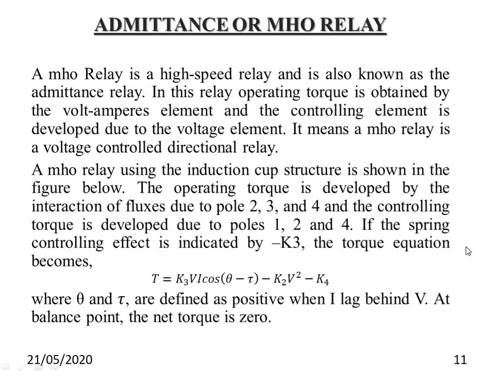Now in the Mho relay you can see Vi cos of theta minus tau and V square. Where I is present, as in Vi cos of theta minus tau, definitely this will produce the operating torque, and the K2 V square will produce the restraining torque. So in this way you can remember the equation, as I have told right now.